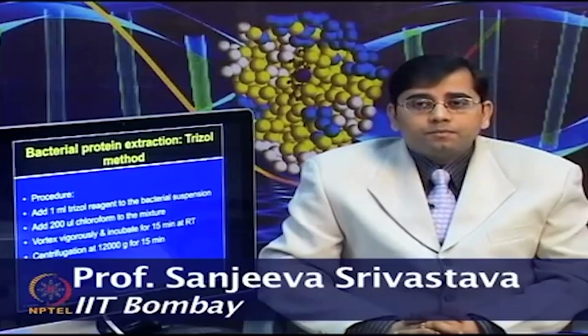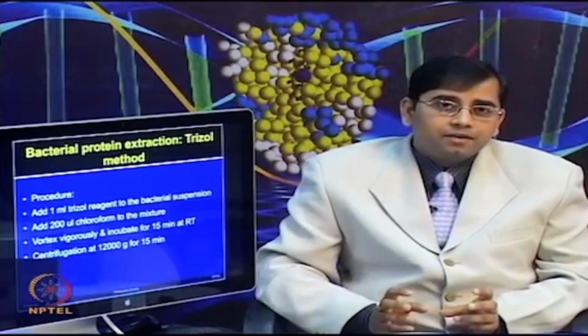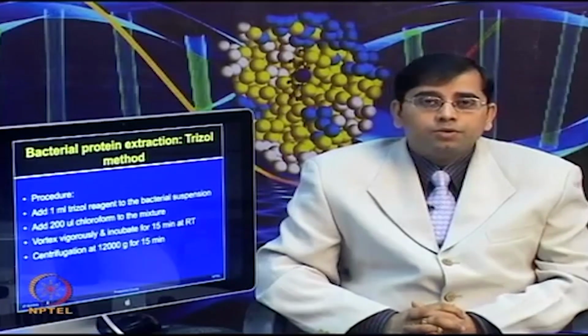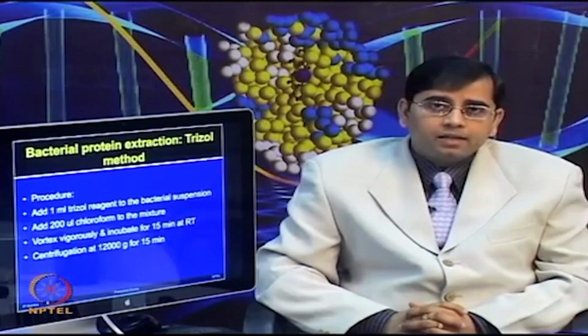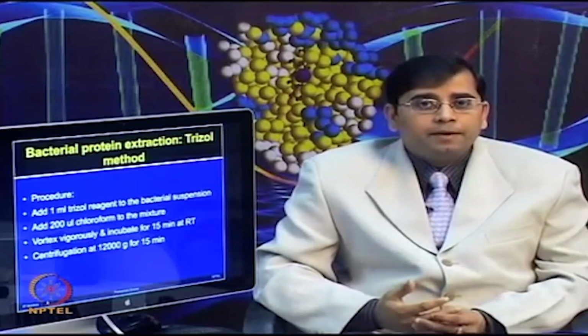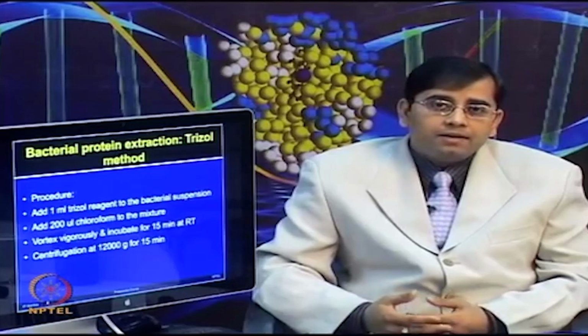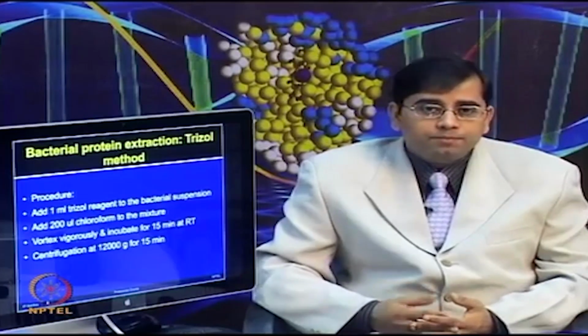This is not the exact detail of the protocol, I am just giving you a few numbers for your reference. One can modify these depending upon how much protein extract they want and based on their sample.